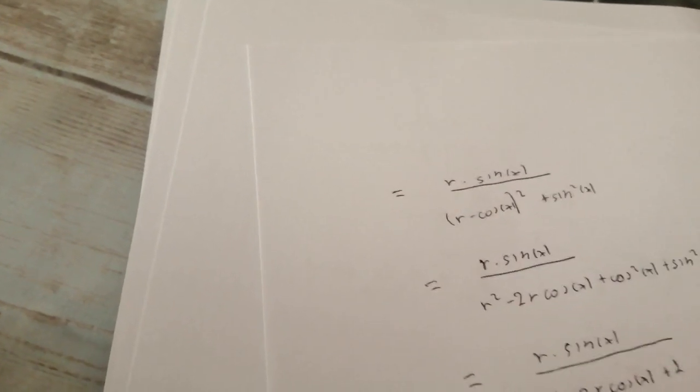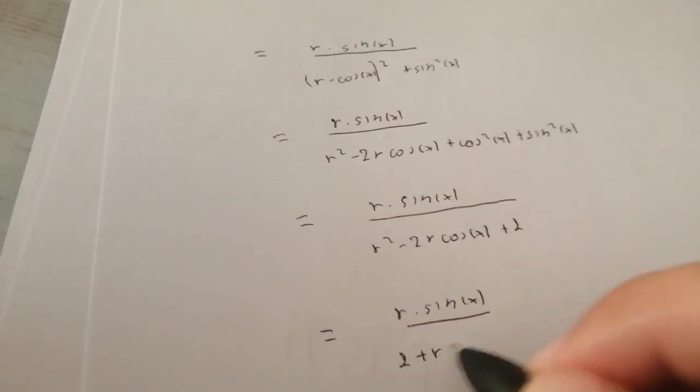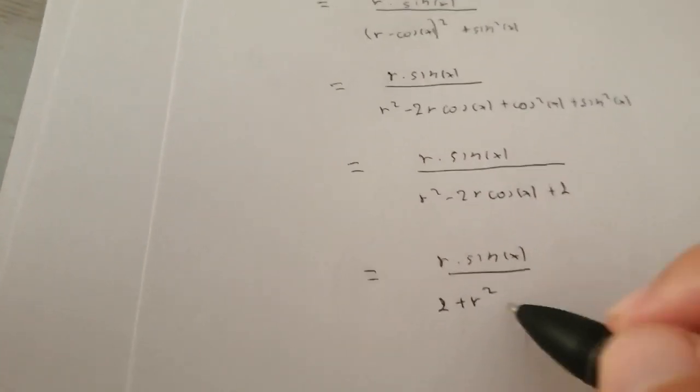So the result is r times sine x over 1 plus r squared minus 2r cos x.